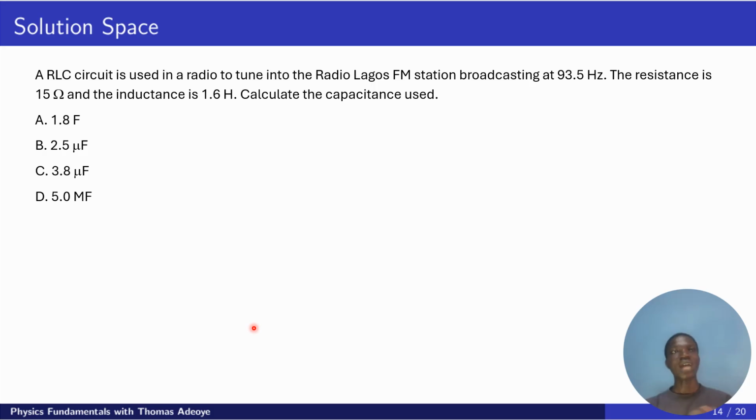So at resonant frequency, capacitive reactance will be equal to inductive reactance. If you are thinking, what is capacitive reactance, don't think too much about that. I've told you this video is exam focused.